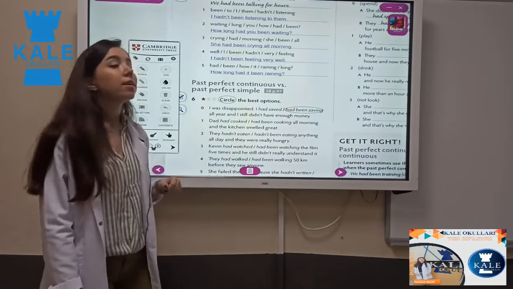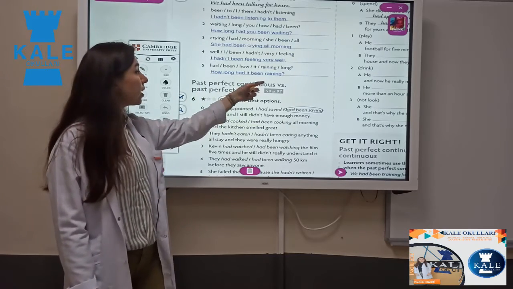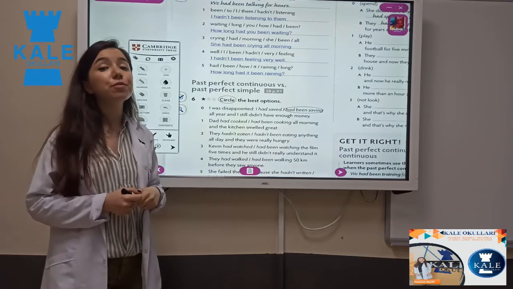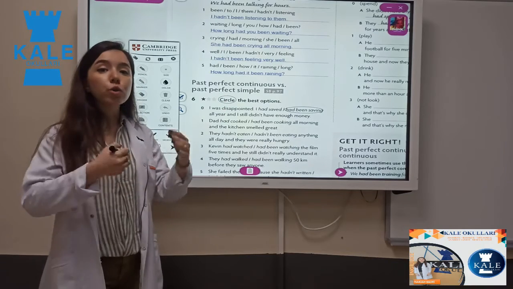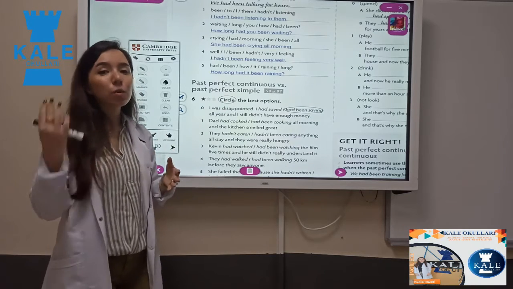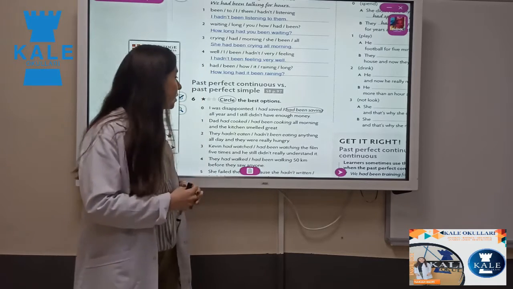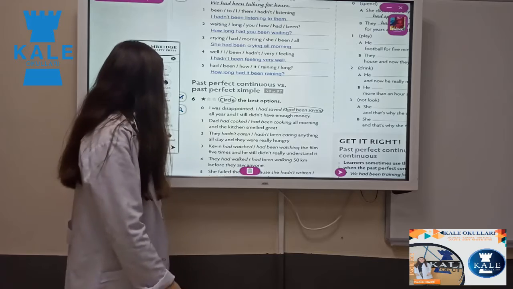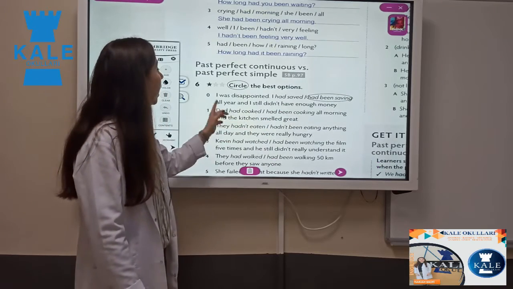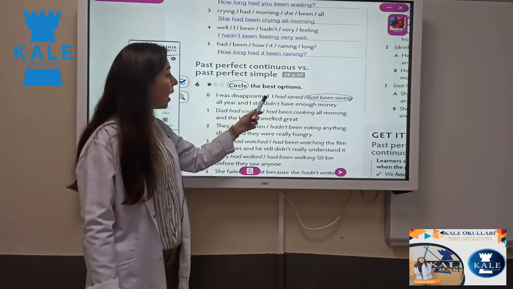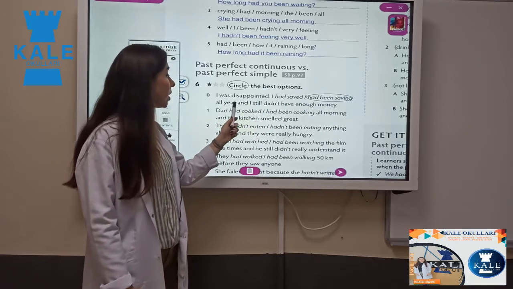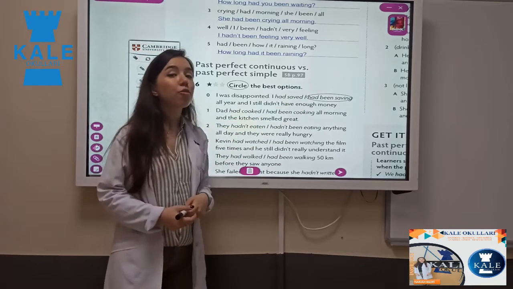We have another exercise here, past perfect continuous versus past perfect simple. We are going to compare, in some sentences, when we use past perfect simple and when we use past perfect continuous. Look at the first one. I was disappointed. I had been saving all year and I still didn't have enough money.